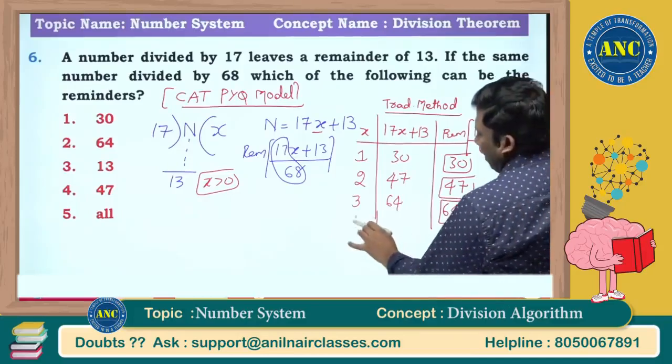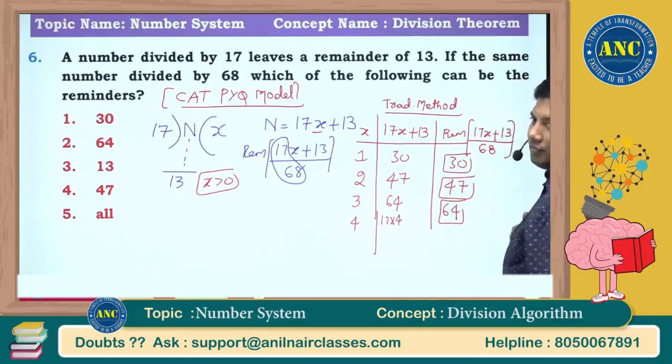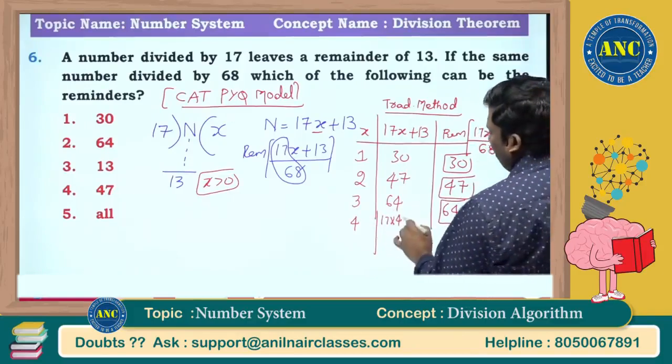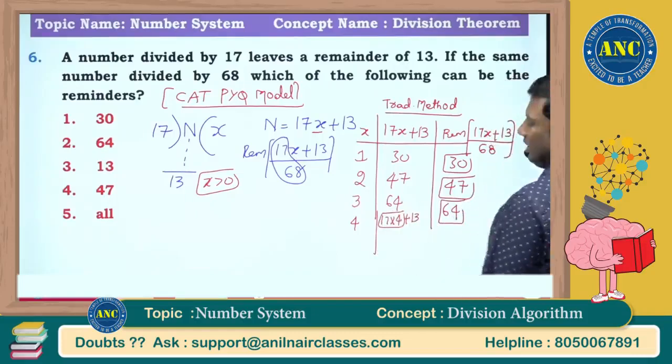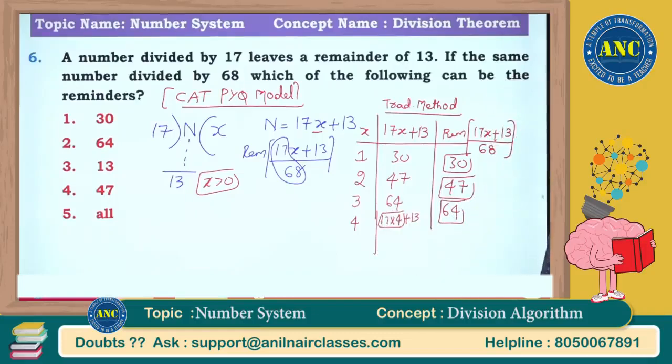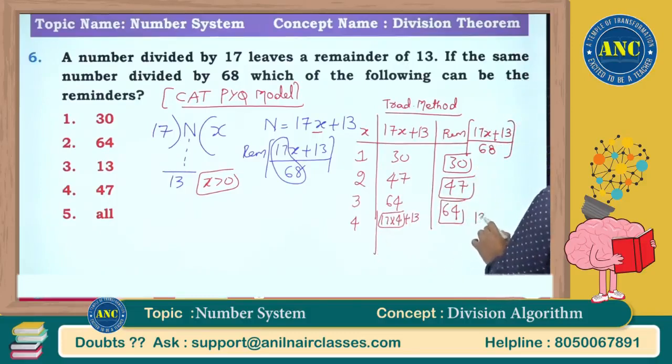X is 4: 17 into 4 plus 13, 68 is perfectly divisible by 68, so what is the remainder? 13.